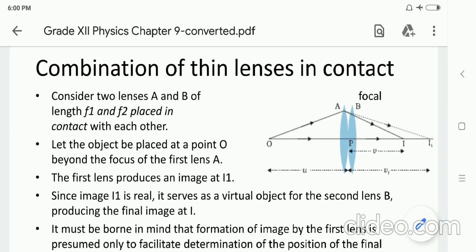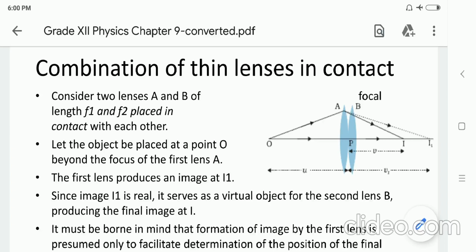The direction of rays emerging from the first lens is modified in accordance with the angle at which they strike the second lens. These lenses are thin, so we consider that the centers of the optical lenses coincide. We are assuming this condition, and let us denote that center as P, as you can see in the diagram.